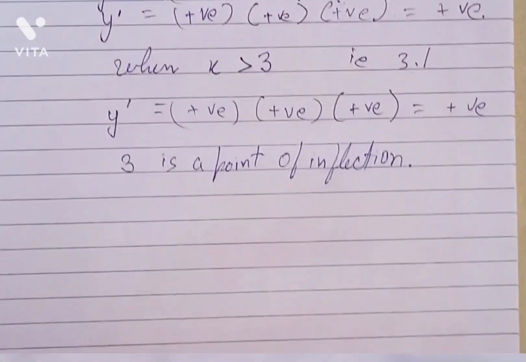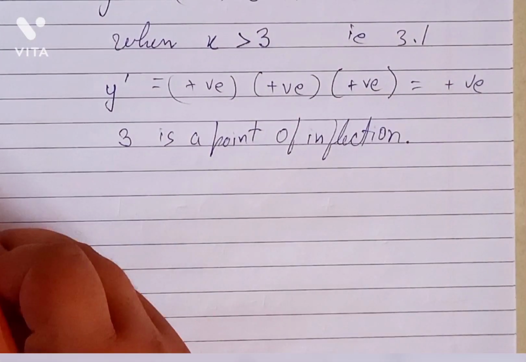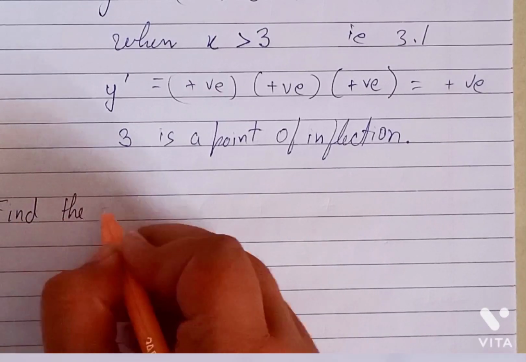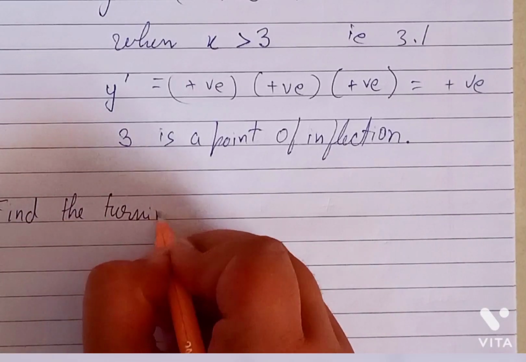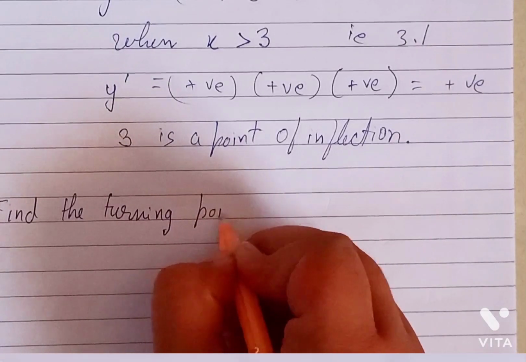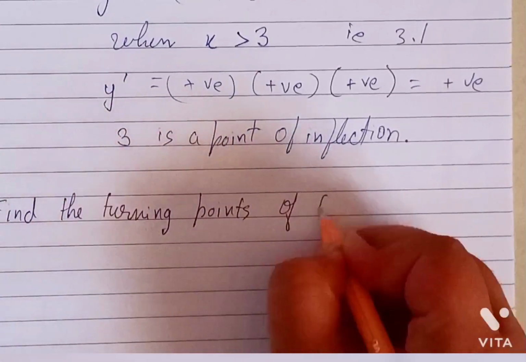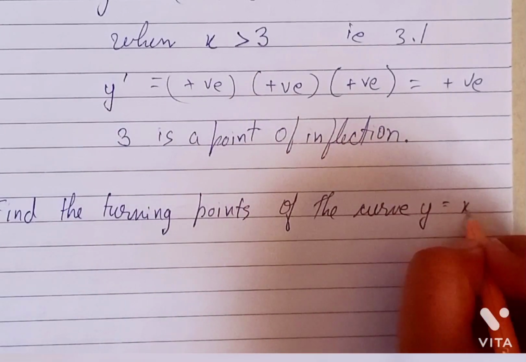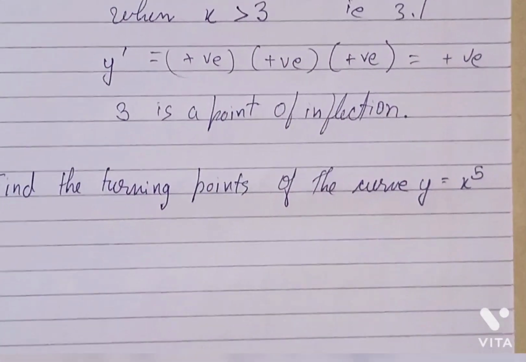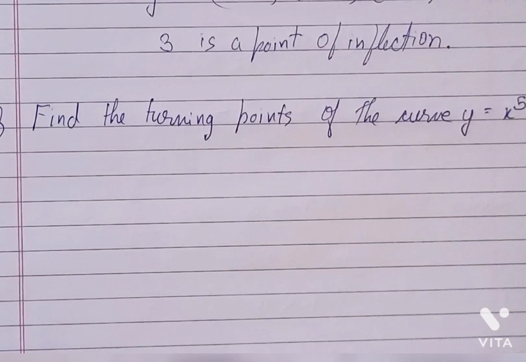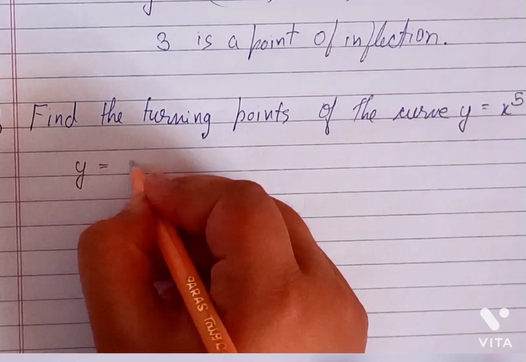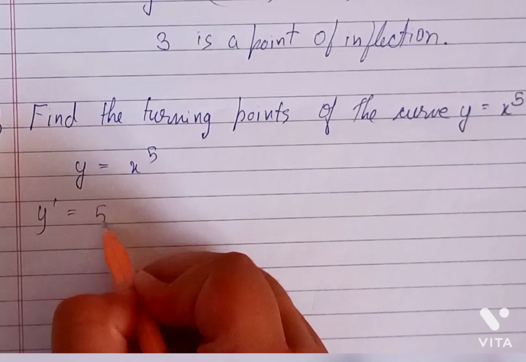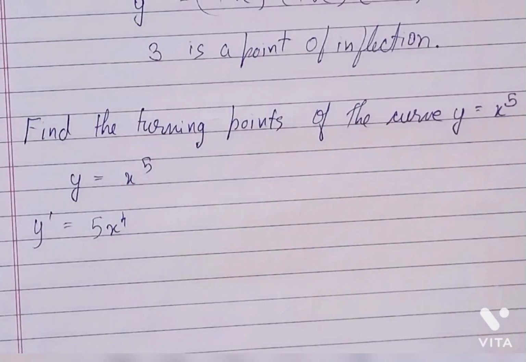Now moving on to the next question. The question is, find the turning points of the curve y equals x to the power 5. Okay, so y is equal to x to the power 5. First step is to differentiate. So y dash is equal to 5x to the power 4.